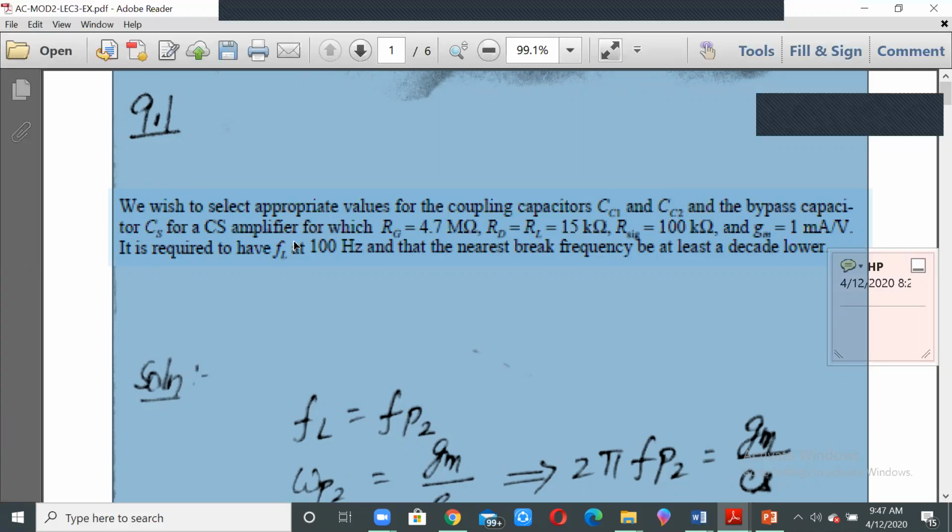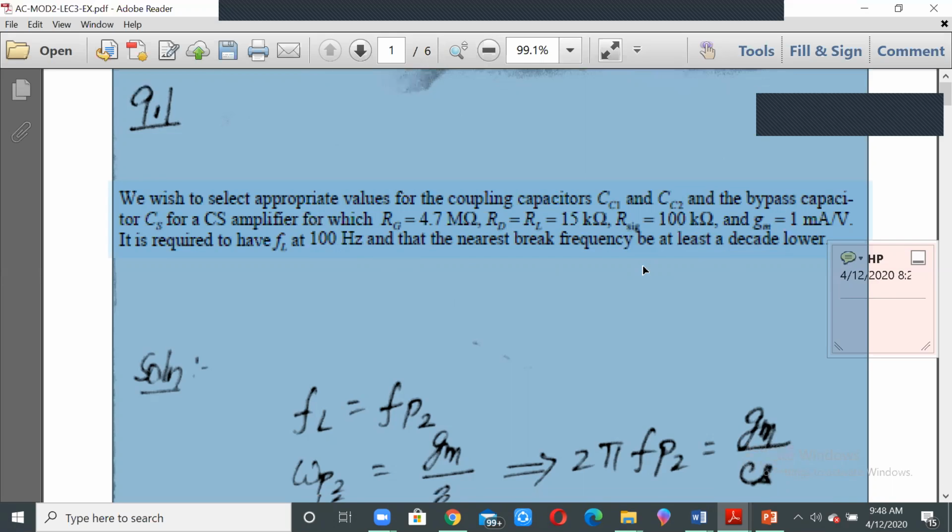However, we would like to have fL as 100 hertz, and the other nearest break frequency will be at least a decade lower. That means 100 hertz divided by 10, that will be 10 hertz as the other frequency.